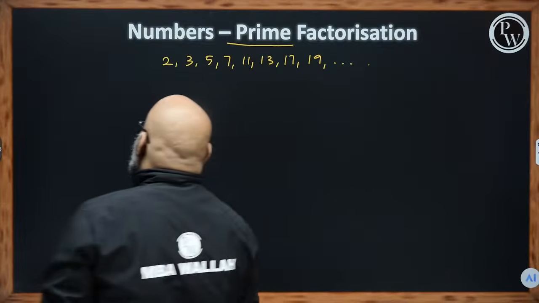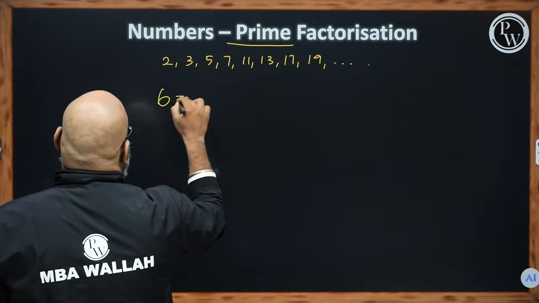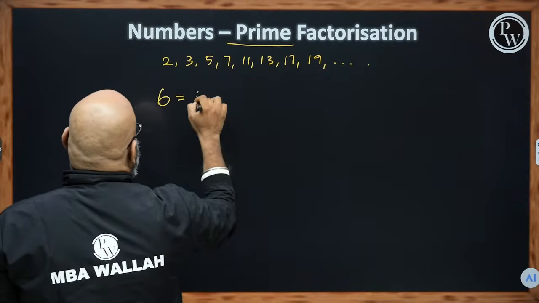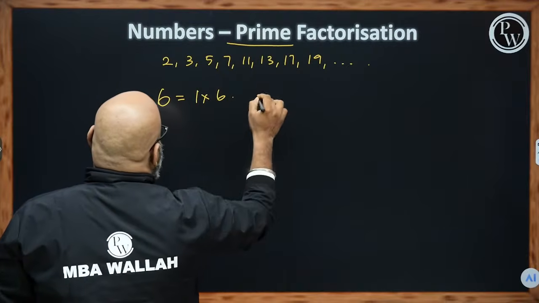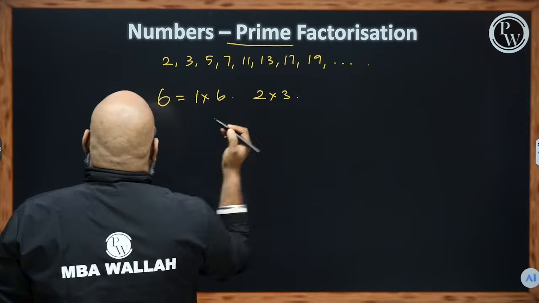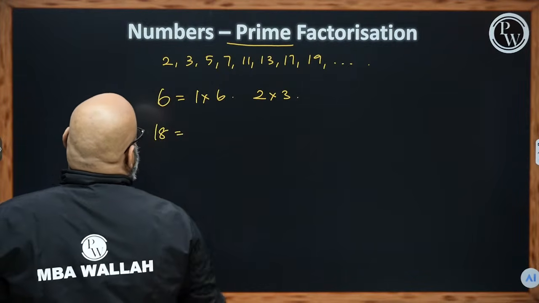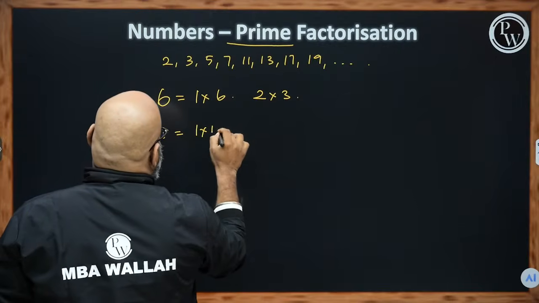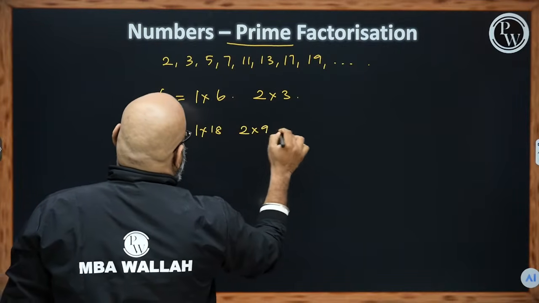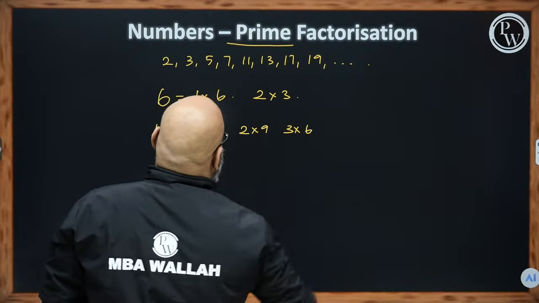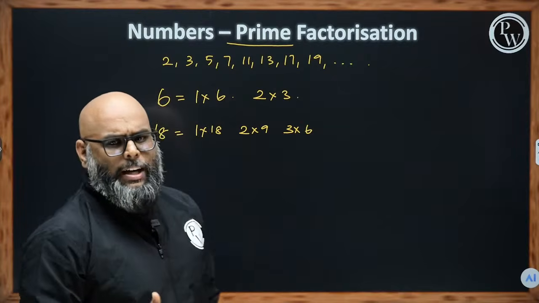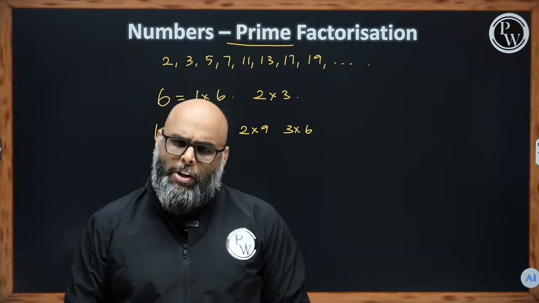For example, 6 can be written as 1 into 6, 2 into 3. When I say 18, you can write it as 1 into 18, 2 into 9, 3 into 6. There is a bunch of ways. I take a number, there's a bunch of ways that you can write it.